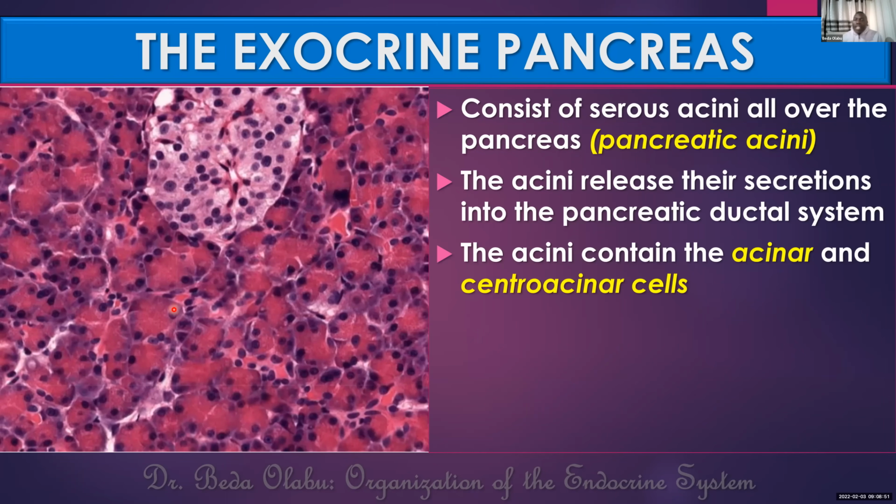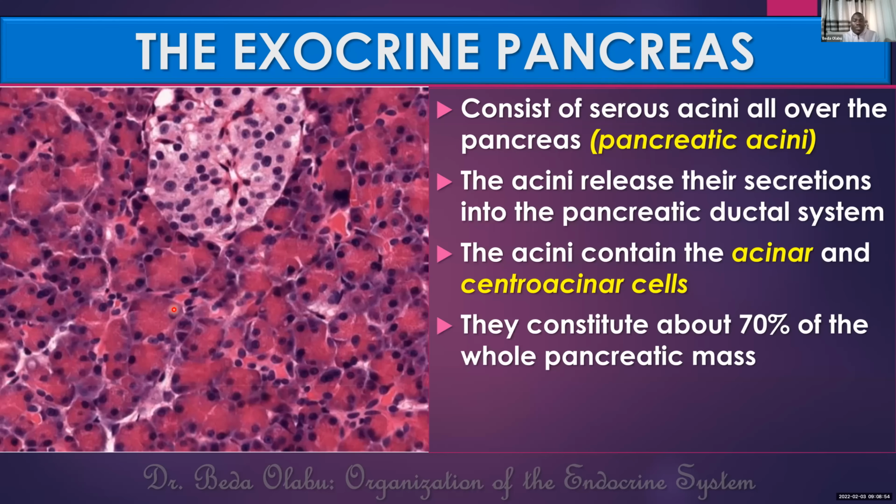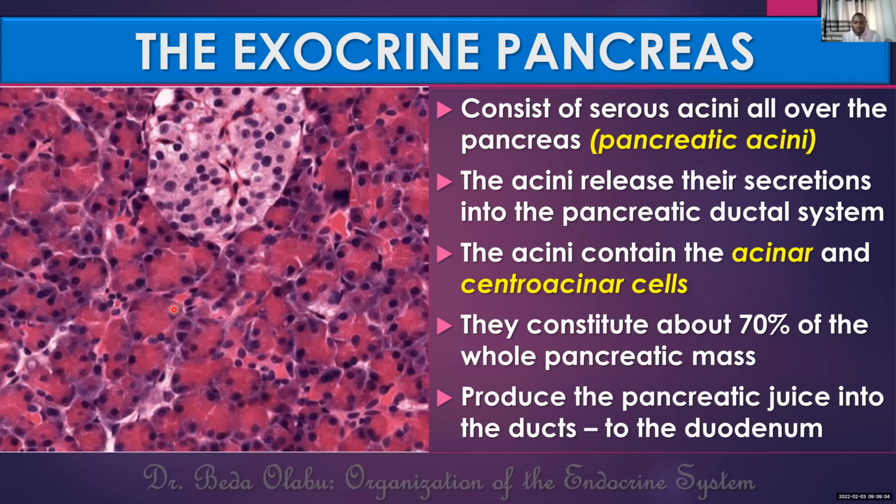The pancreatic acini constitute about 70% of the total pancreatic mass. Big part. These acini produce pancreatic juice. The pancreatic juice is released into the pancreatic ducts and therefore taken all the way to the duodenum.